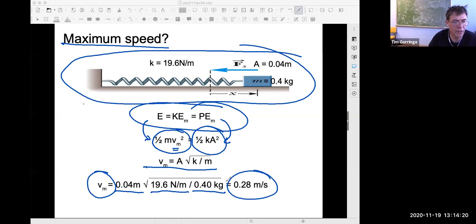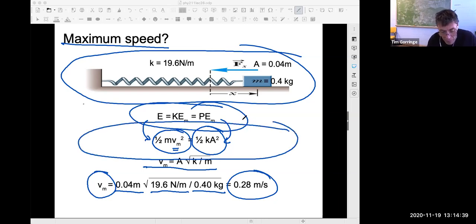There's a question in the chat: at maximum speed, wouldn't the potential energy be zero? And the answer is yes. At maximum speed, the potential energy is zero. So I don't want you to get confused about this equation here. It's not saying that the maximum potential energy is at the same moment or instant as the maximum kinetic energy.